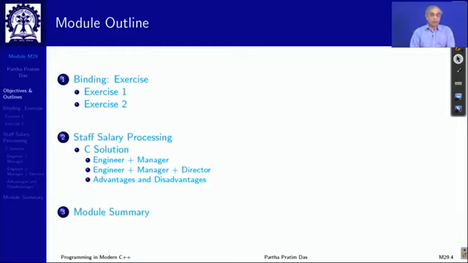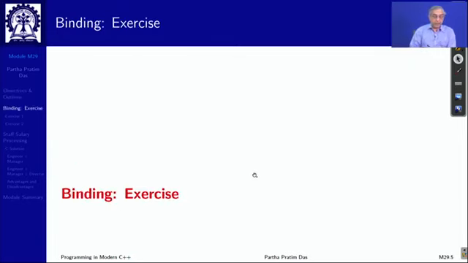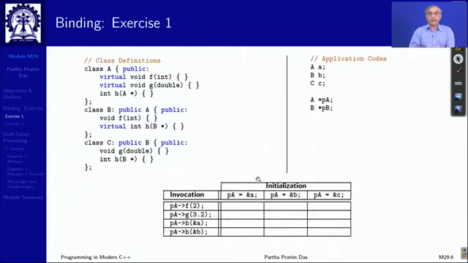So, this is your outline here, which will be available on the left. I have put 2 exercises, actually one exercise on binding, having 2 different instance requirements. There is a class A which is specialized in B, which is further specialized in C, and there are virtual functions here.